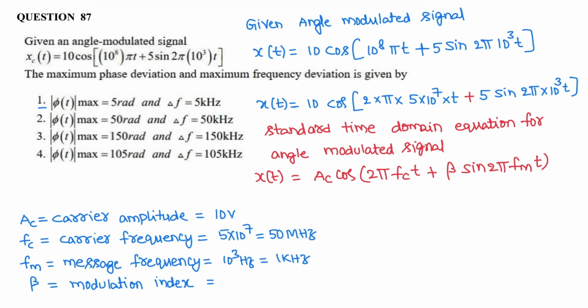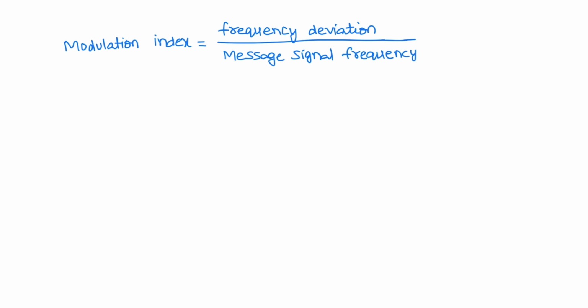Modulation index beta value is 5. We need to calculate delta f, the frequency deviation. Modulation index is equal to frequency deviation by message signal frequency. Now frequency deviation delta f is the modulation index beta value 5 times the message signal frequency 1 kilohertz, 10 power 3 hertz.